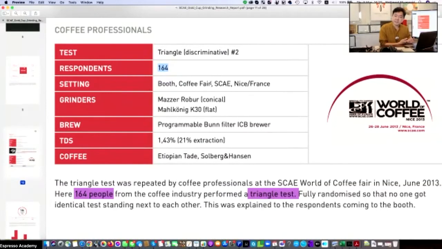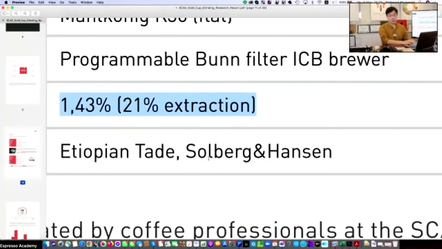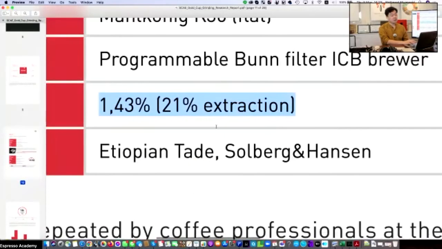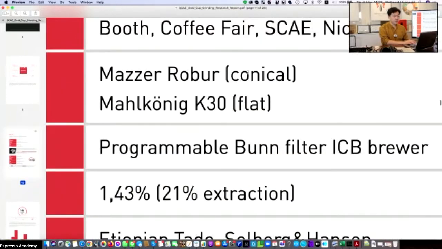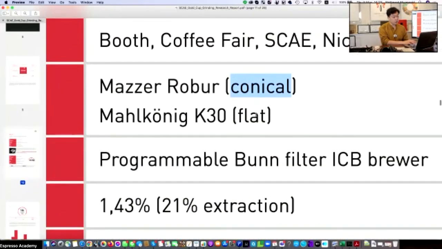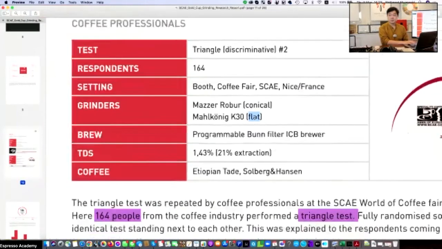These 164 people were going to the coffee fest in Nice, in France, and these 164 people tasted the same coffee that was extracted to the same 1.43% extraction, 43 TDS and 21% extraction, with two types of coffee burr. One is conical burr, one is flat burr.